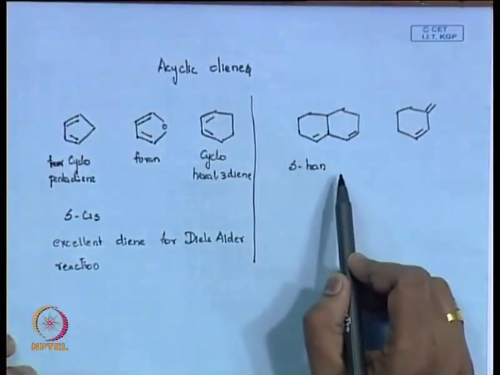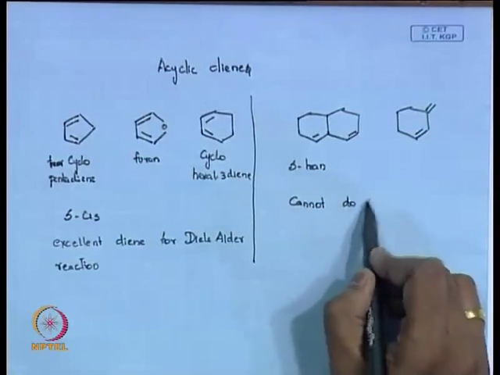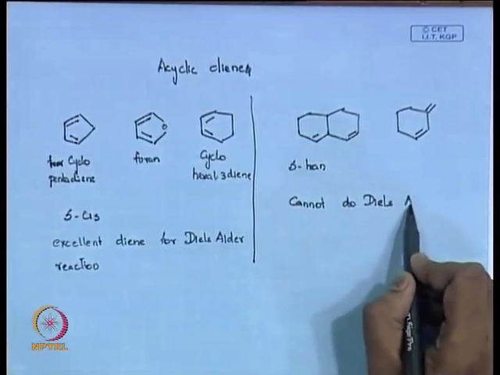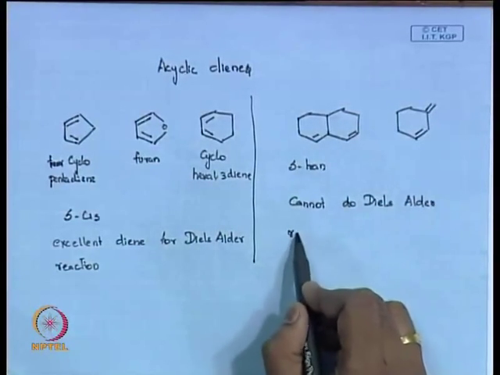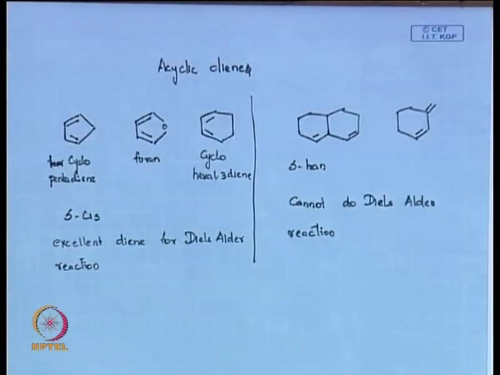Their conformation is properly locked in the S-trans, and they cannot do the Diels-Alder reaction. They are not good dienes for the Diels-Alder reaction. So, that is the thing about your diene.